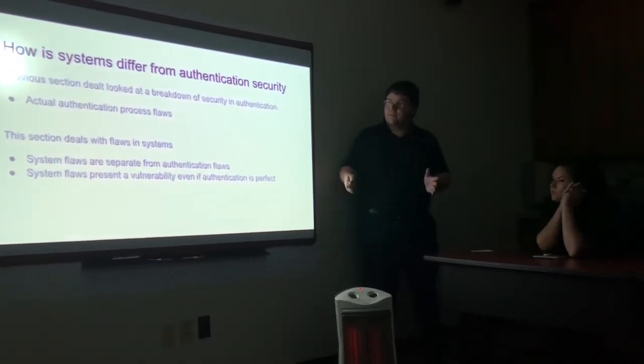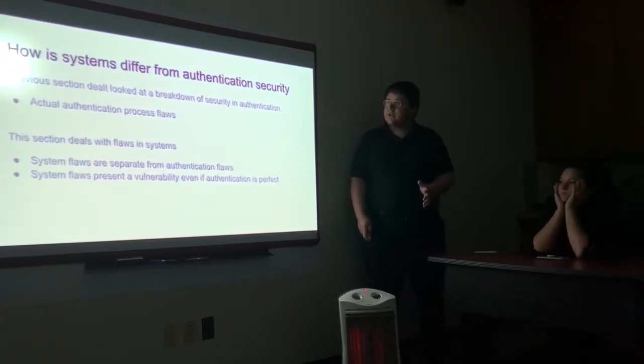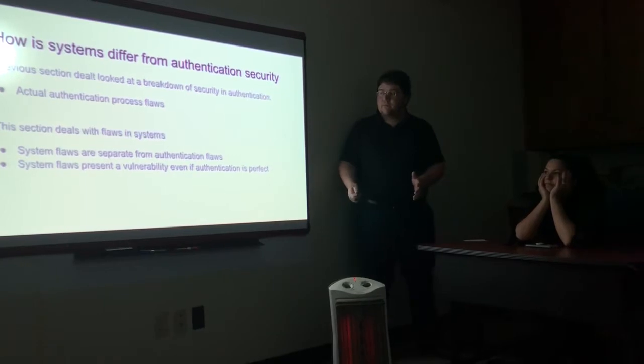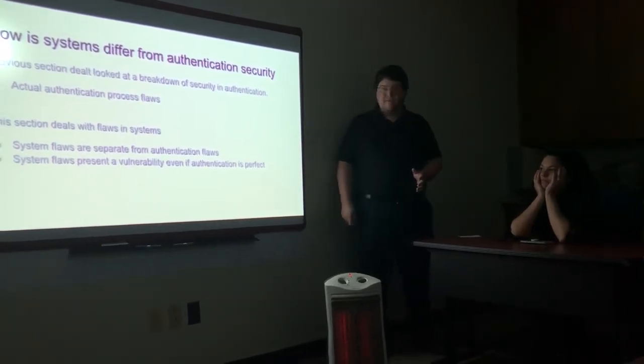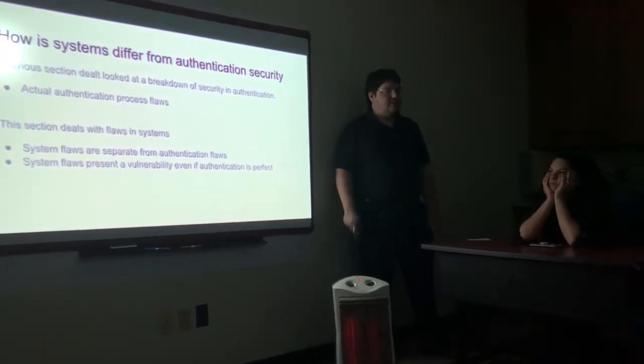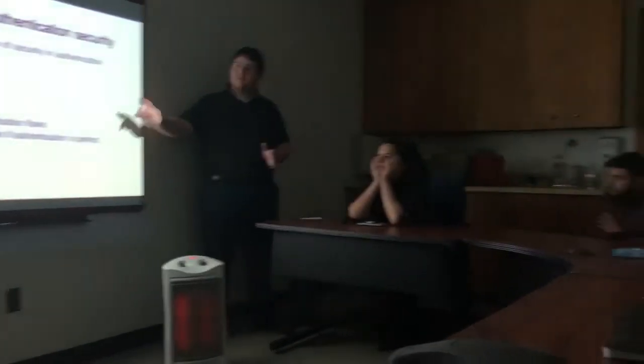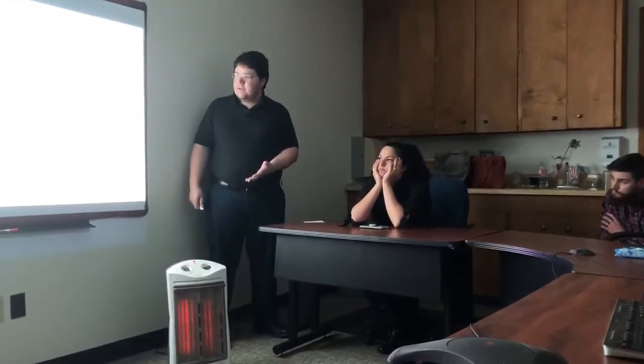And that was a problem with the process of authentication. So what I'm going to talk about here is system problems. So problems that are separate from the authentication flow. Problems that would still be present, say, if we fixed all the stuff for authentication security. There would still be some system security flaws, and these would still have some consequences.